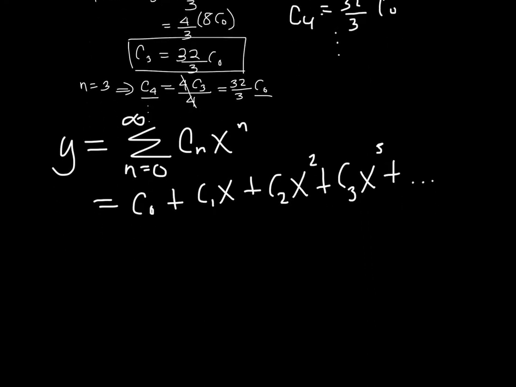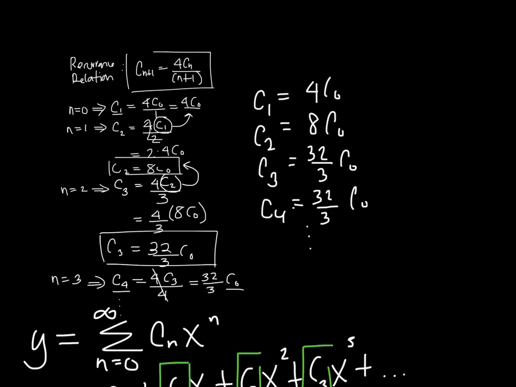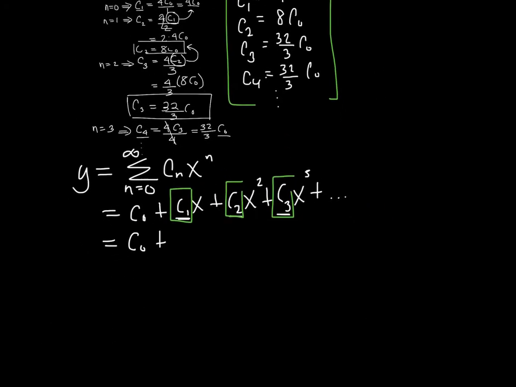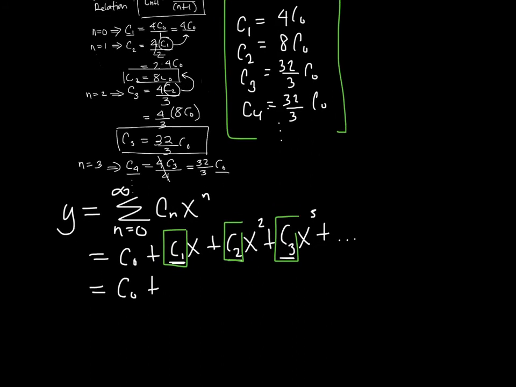Okay, so let's go ahead and input our CNs in terms of C0. So C0 plus, what was our C1, C2, and C3? So maybe let's highlight those. They're right here. Okay, so C1 is 4C0.